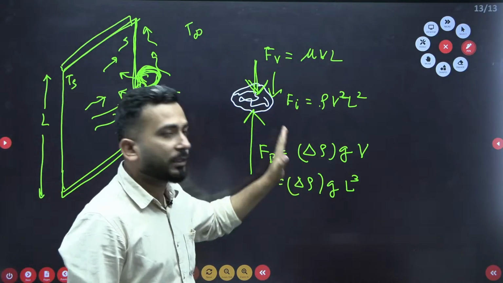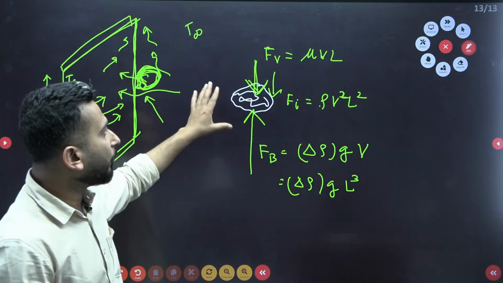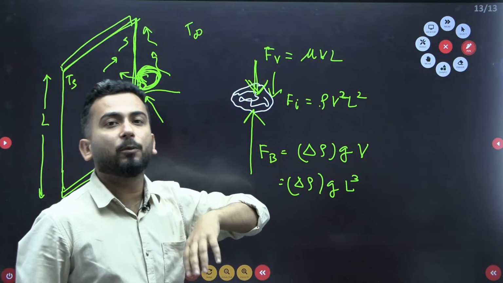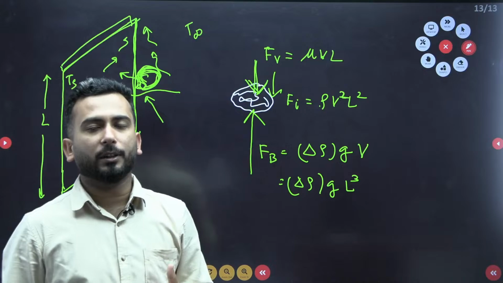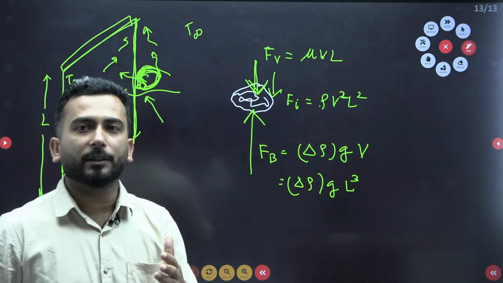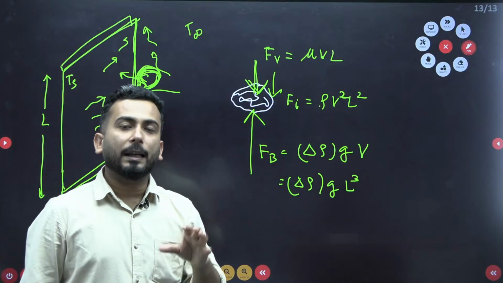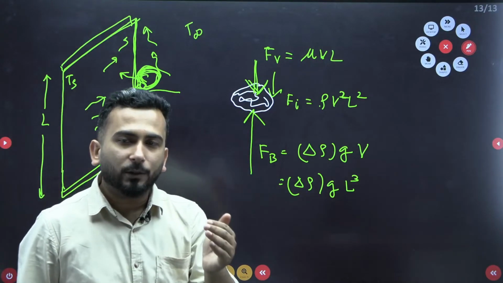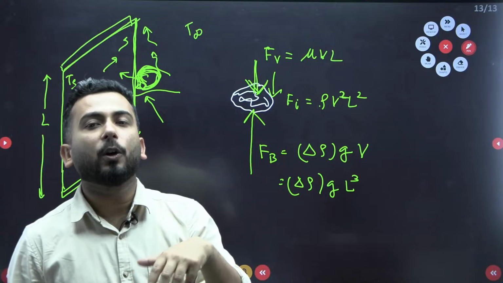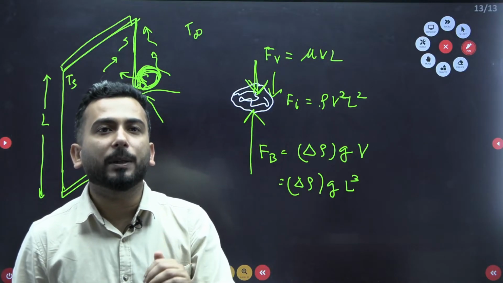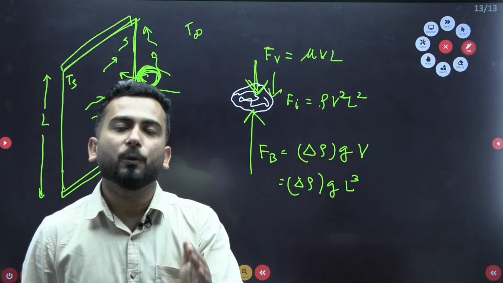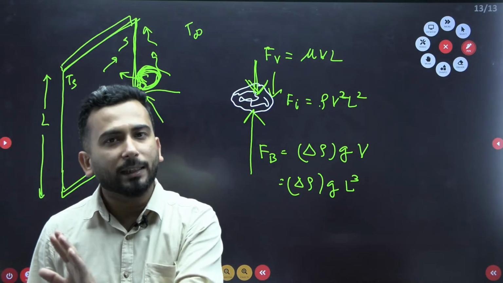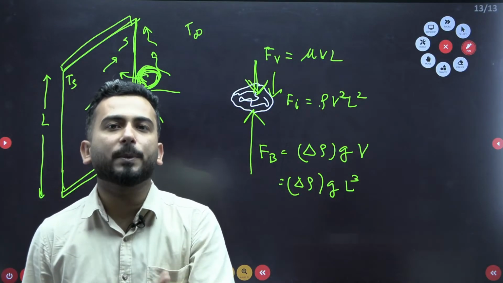So all these three forces come into picture when you are analyzing free convection. Now Reynolds number will not come into picture. In place of it, there will be a separate non-dimensional number, which everyone knows as Grashof's number.